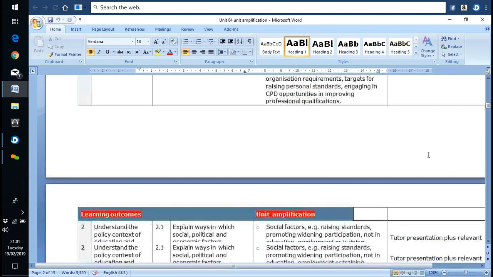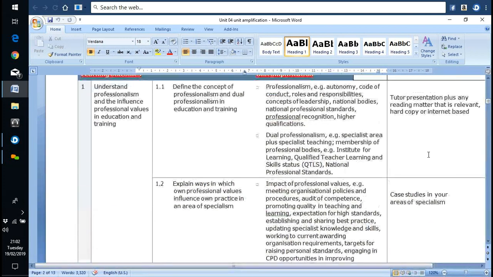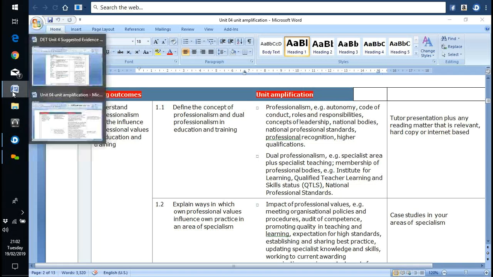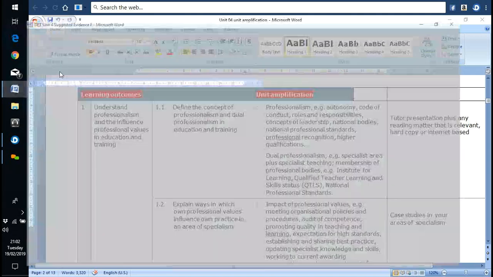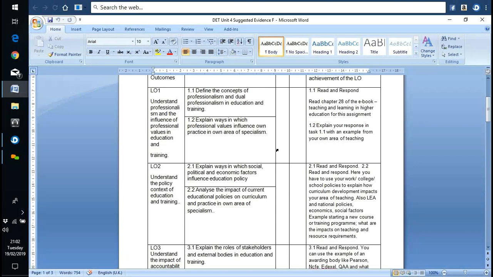I am not going to go into the second learning objective in this one, because there is quite a bit of work in the first two on that, some of which you may be able to draw from. You may be able to use some of the values that influence your own practice from Unit 3.